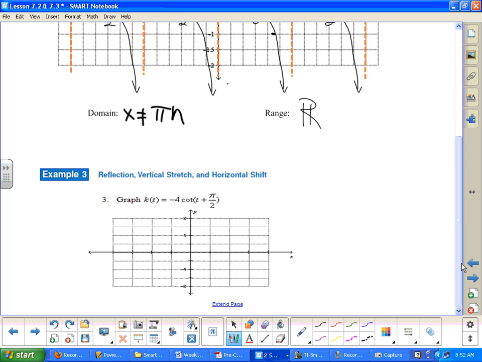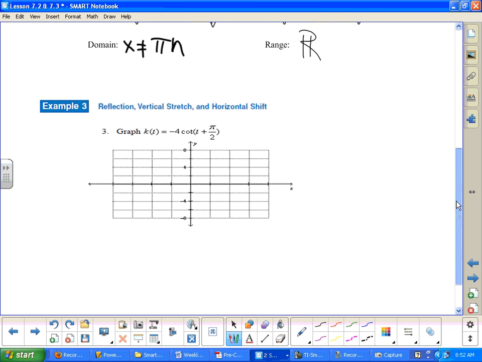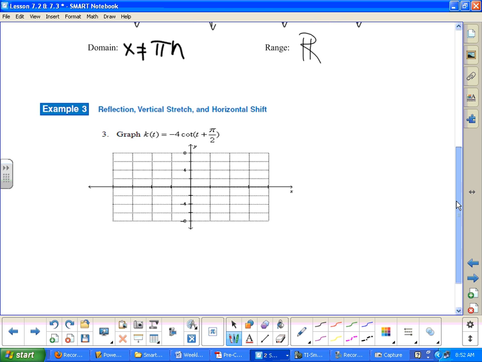Okay, so here we have a little bit more complicated graph. We have a reflection, vertical stretch, and a horizontal shift. So now we're going to do some horizontal work with this also. Let's write down first what the transformations are here.